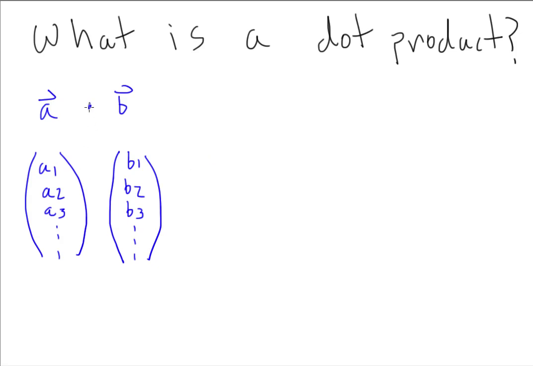So what happens when we take the dot product of these two things? Well, we kind of know how to do this. If you have two vectors with x hat, y hat, z hat components, you take their x components and multiply them. So this would be like taking their first components and multiplying them.